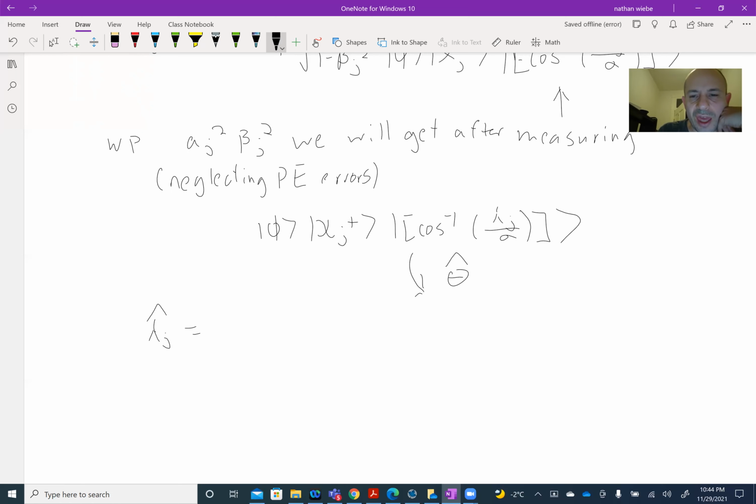This lambda j estimator is going to be just alpha, which is a known constant for all such problems, alpha times the cosine of theta hat.